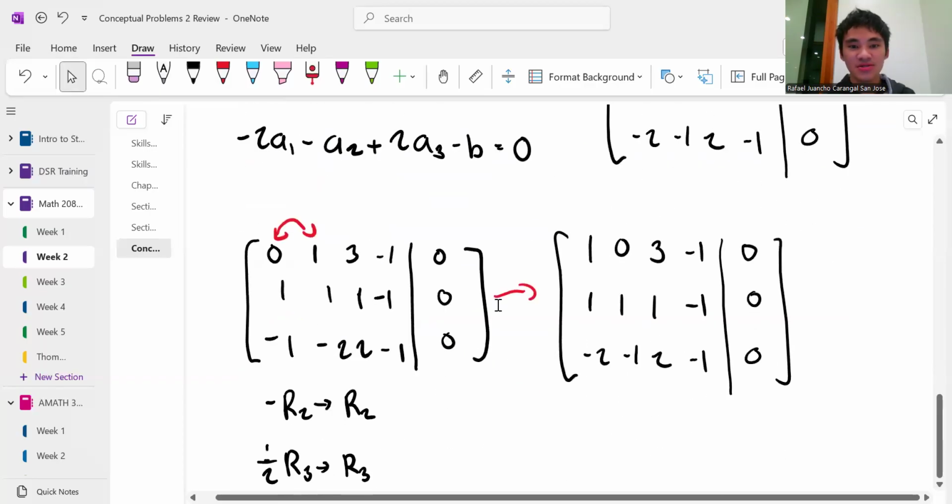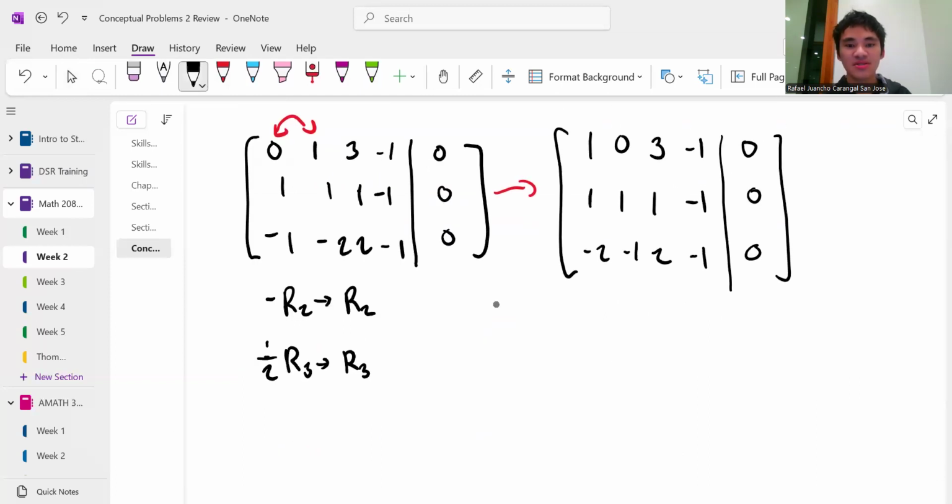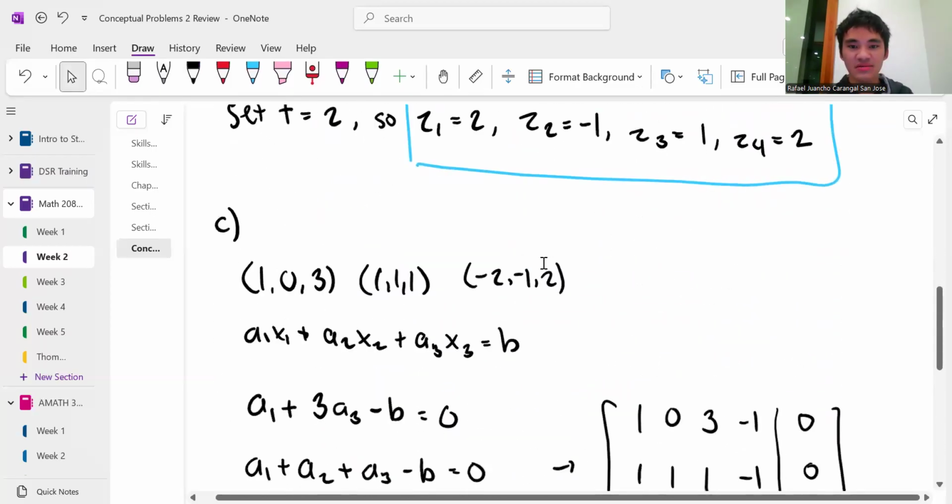So if we switch, then that means if this were z sub 1, z sub 2, z sub 3, z sub 4, then we say that a sub 1 here is actually z sub 2 from the previous thing, right?